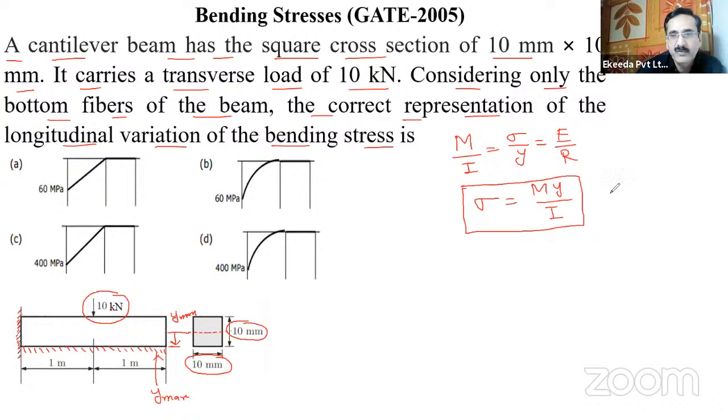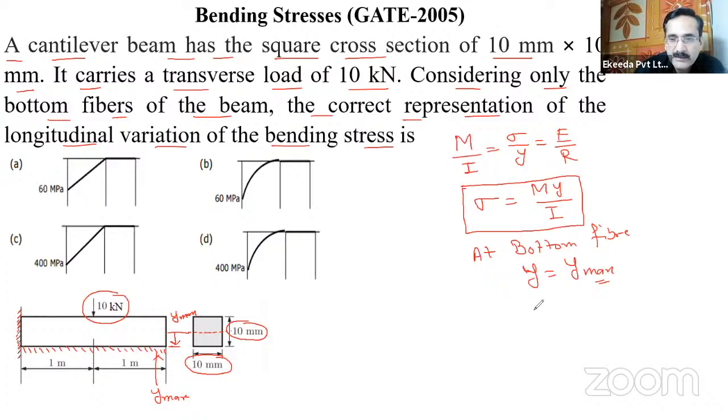Y is maximum because it is bottom fiber, so at bottom fiber, Y is basically the Y max, the distance of the maximum stress fiber, right?